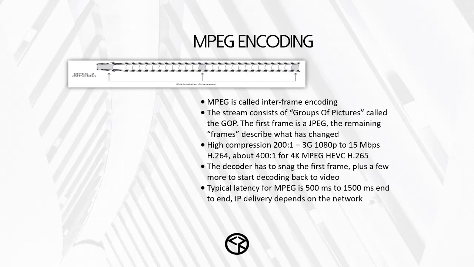They compare each other to say what moved, what colors changed, location changed, and it constantly compares the images with each other to get the best possible emulation of an actual moving picture. That results in very high compression rates. So H.264 can take a 1080p stream that's 3 gig and knock it down to a 15 megabit stream.